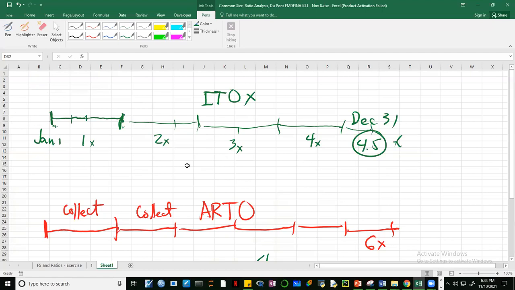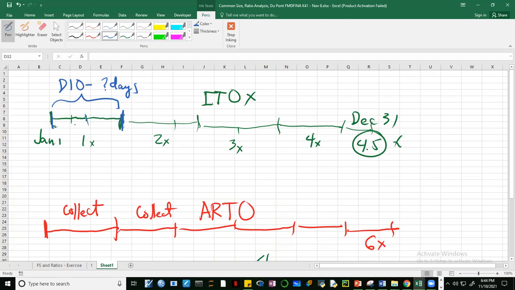So instead of counting the number of times, ang bibilangin natin, ito, days inventory outstanding equals how many days? Ilang days ng company does it take the company to buy the raw materials, convert to finished product, and then sell? Ilang araw yan?